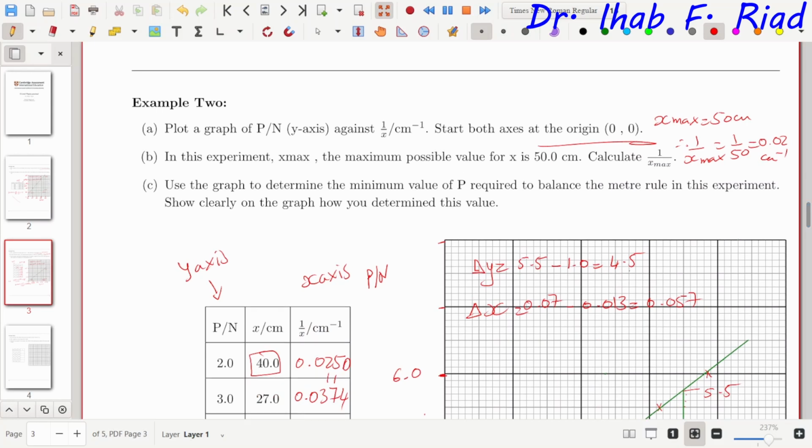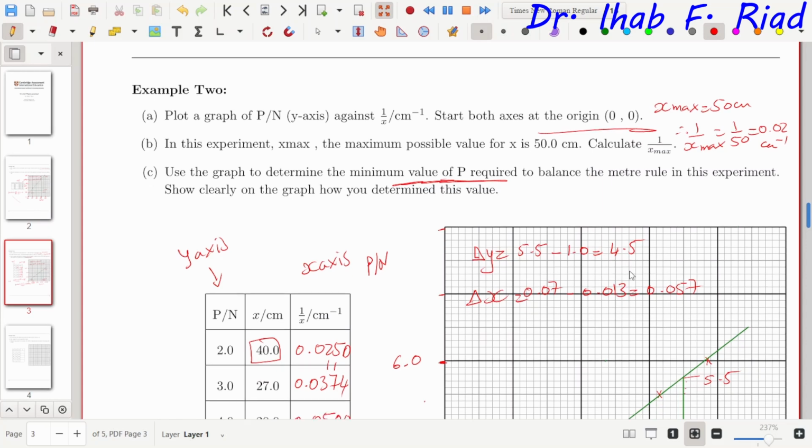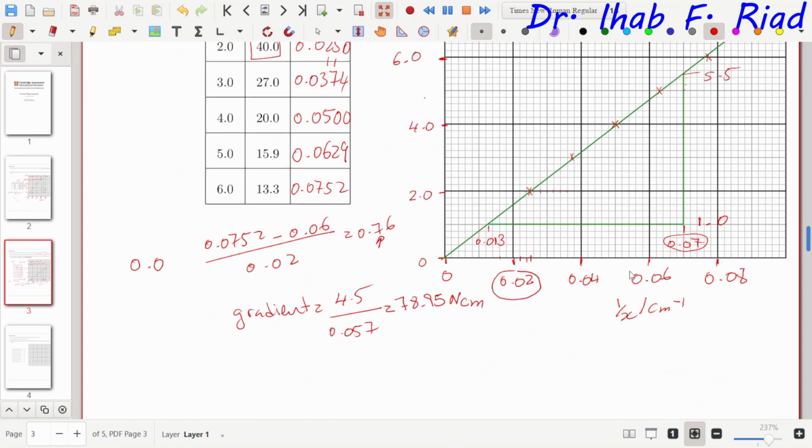Use the graph to determine the minimum value of P required to balance the meter ruler in this experiment. Okay, so the minimum value of P corresponds to the maximum value of X. On the graph, we don't have X, we have 1 over X maximum. Okay, so we come over here.